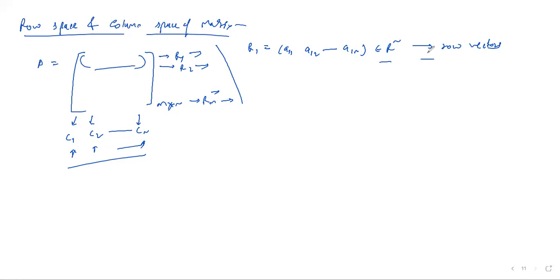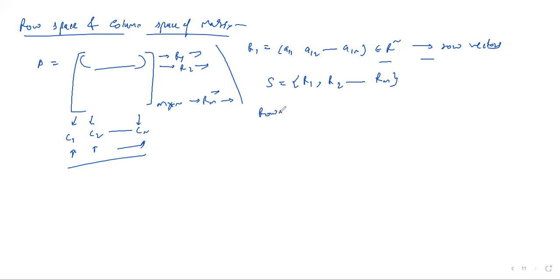Now, from these row vectors, first we'll make a set. Let's say I have a set S, which is the set of the row vectors R1, R2 to Rm. Then how can we define the row space of A?